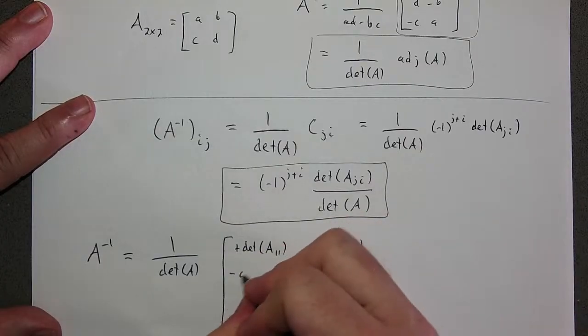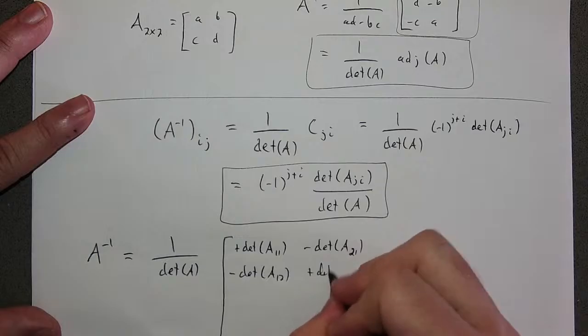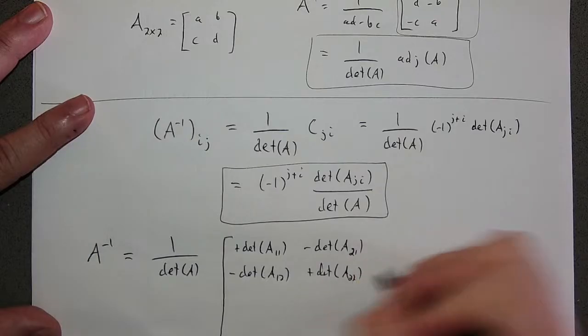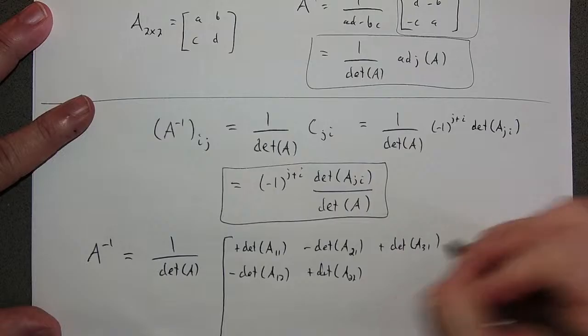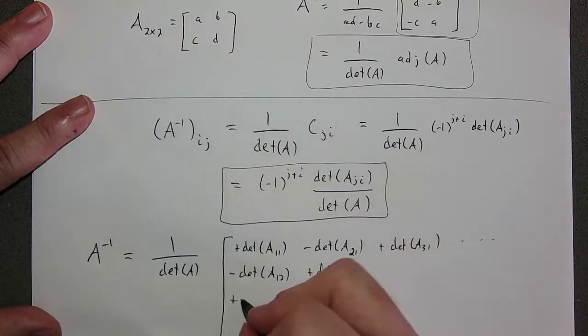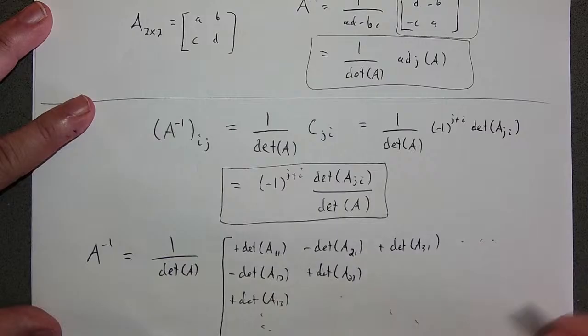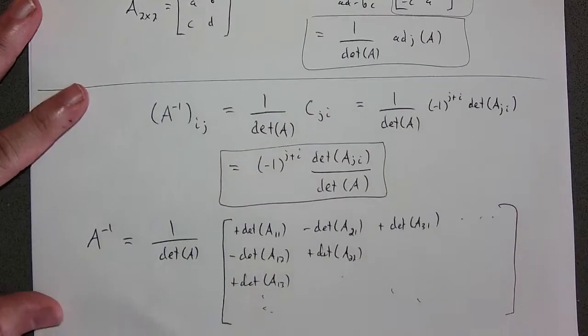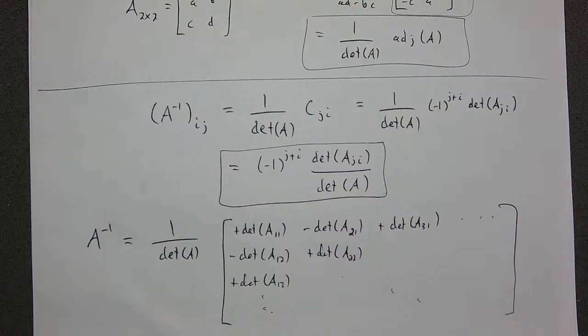Then this would be minus the determinant of A12. This would be plus the determinant of A22. This would be plus the determinant of A31, and so on, plus the determinant of A13, and so on. I'm not going to write all those, but this is how it would be. This is obviously a more convenient way of writing it.